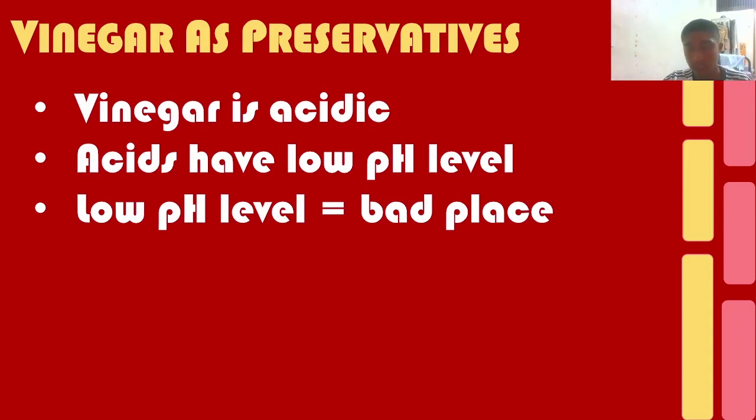Through this, the vegetables we pickle will be in a surrounding where it is hard for the bacteria or mold to grow. To conclude this slide, vinegar preserves food by lowering the pH level, so that the vegetables we dip in the substance are in a condition where bacteria or molds cannot grow.